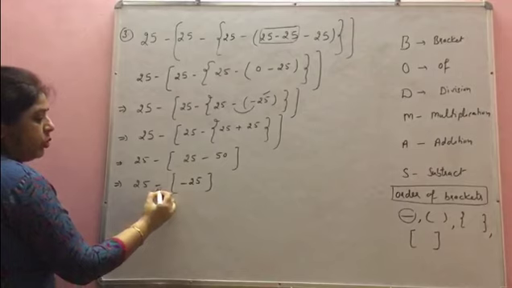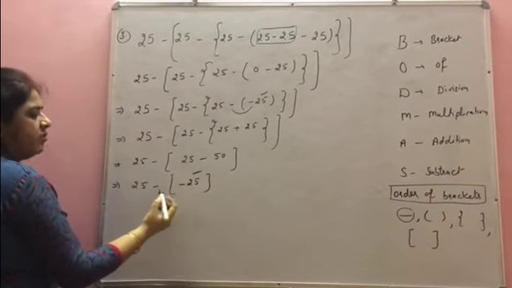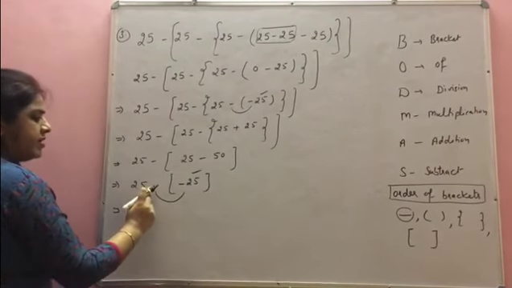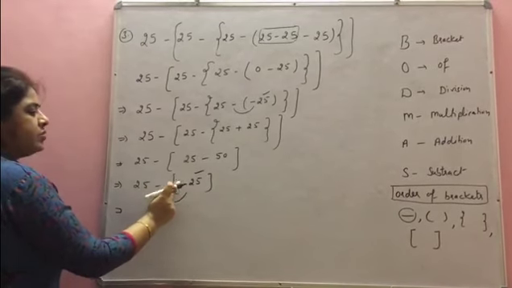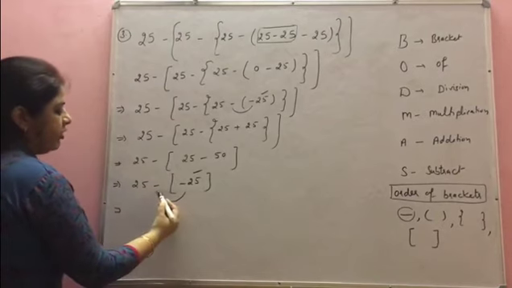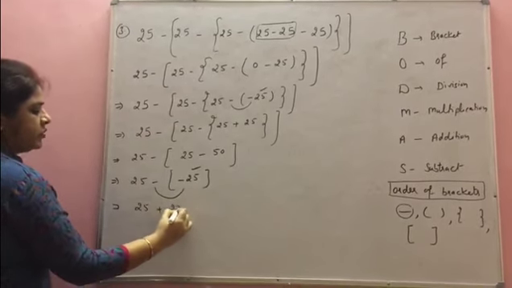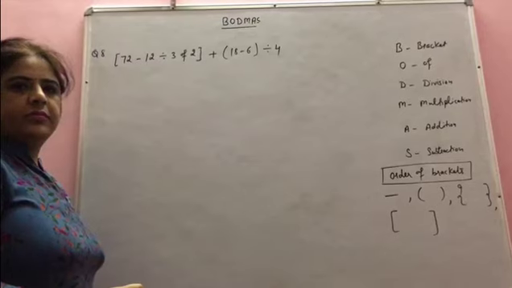Same, now inside the bracket only a single number is there, either positive or negative, but when two signs come together, plus minus become minus, minus plus become minus, minus minus become plus, plus plus also become plus. So here we have minus and minus, so it will become plus. So finally we get the answer 50.